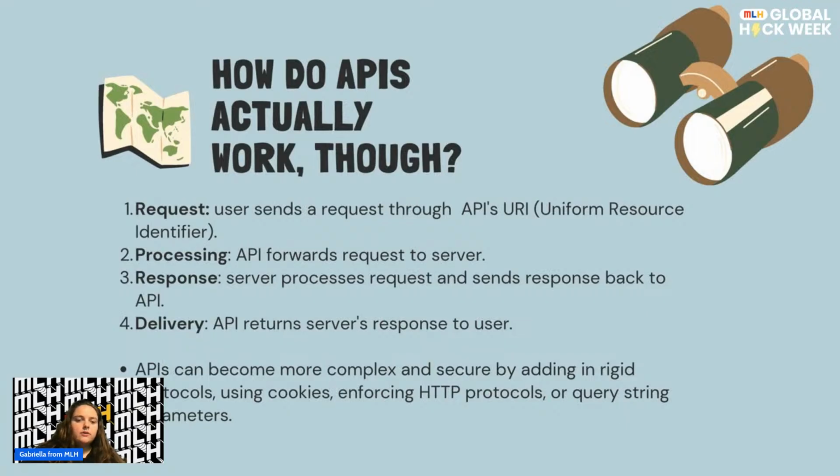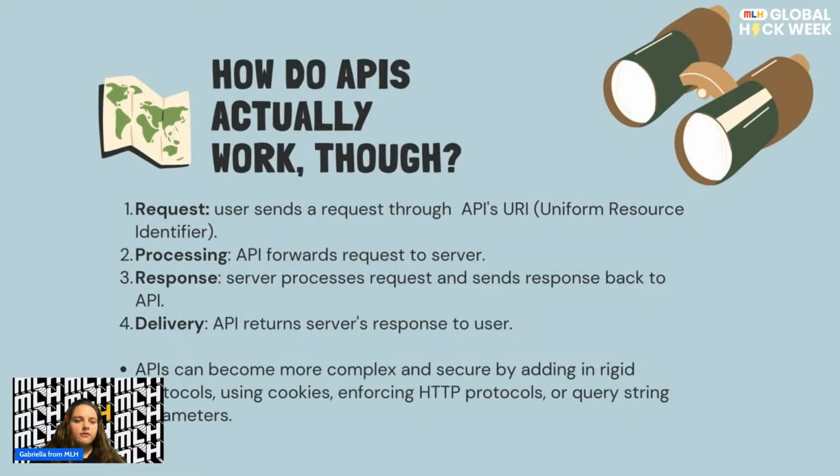As an aside, that was a very basic explanation. APIs can become more complex and more secure by adding in more rigid protocols. And by protocols, what I mean are just more specific guidelines and rules on how you request information and how you update information using cookies.